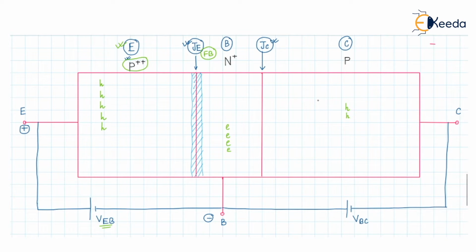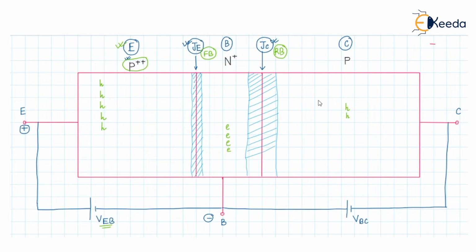The JC junction is reverse biased, so its depletion width will be thicker. This is the depletion width at the JC junction, and you can see that it is very thick.